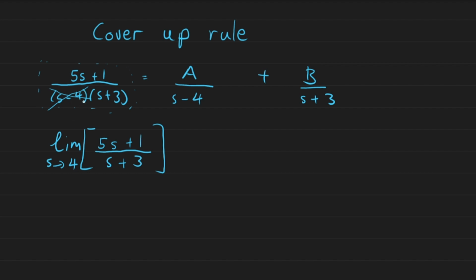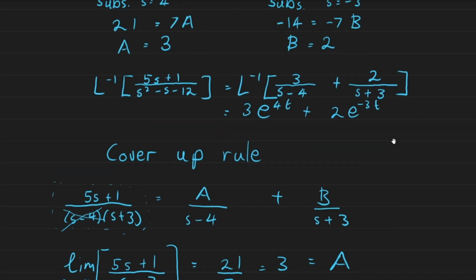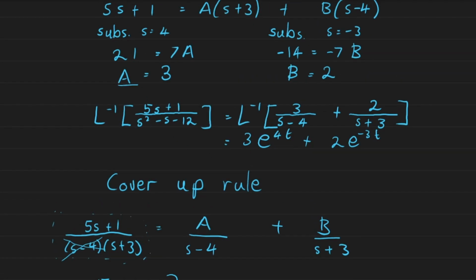If we do that, we get 21 over 7, which is 3. That's A, which we had seen was 3.